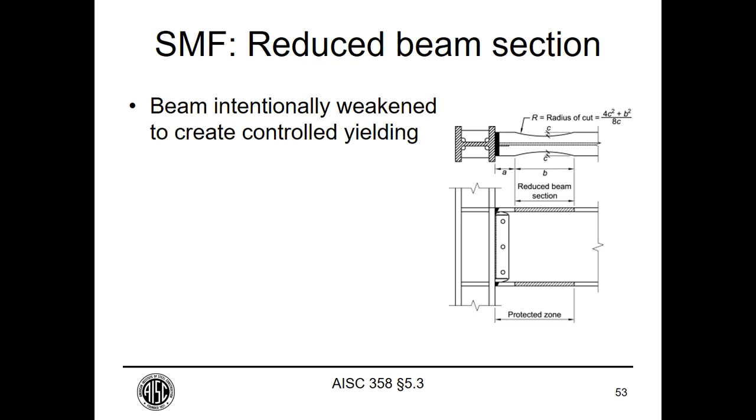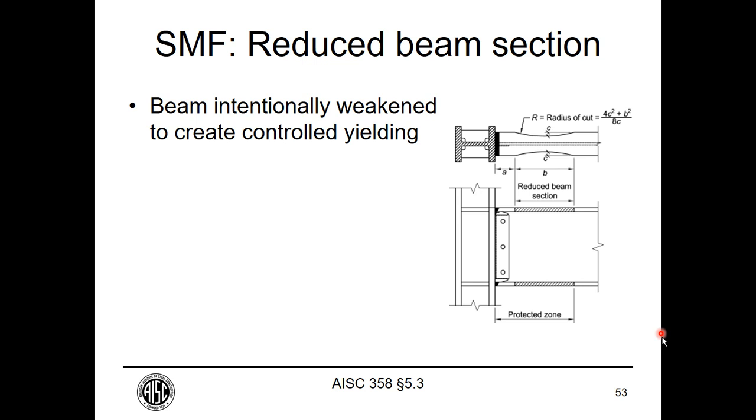We're going to use the reduced beam section connection. This is a pre-qualified connection that achieves very good rotation capacity by moving the plastic hinge away from the face of the column to a purposely weakened section in the beam. That weakened section will see a lot of inelastic strain, but that can be handled very well within the flange of the beam, much better than it can be handled, say, in the CJP weld.